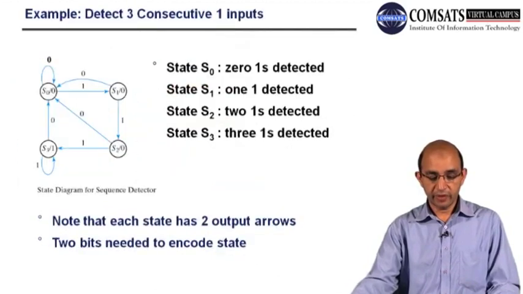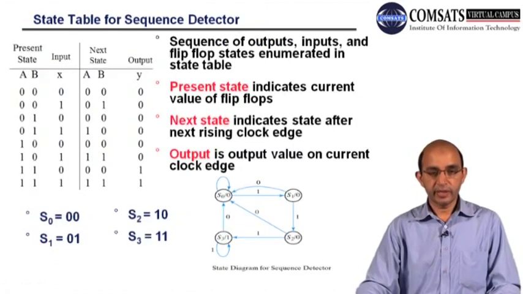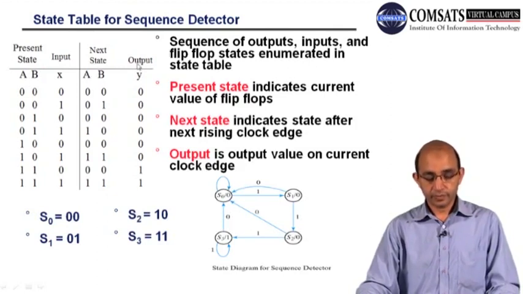If I'm sitting at S0, there should be an input so that we can make a transition from one state to another state. In this case, if I provide 0, I will be at the same state. So we need an input. Then there is another column, next state, and the output.